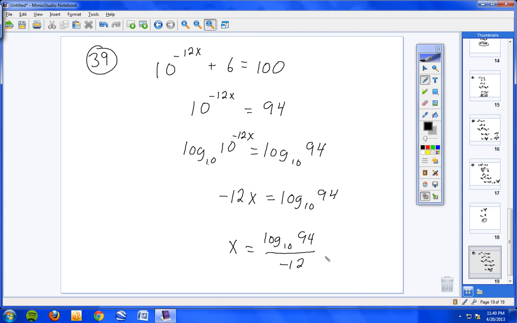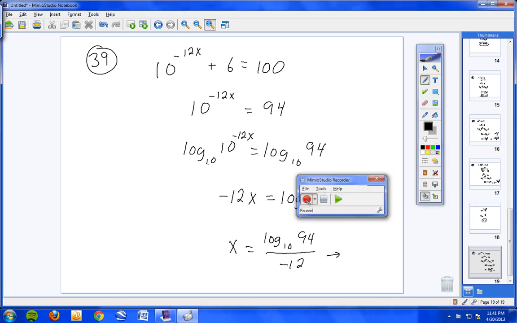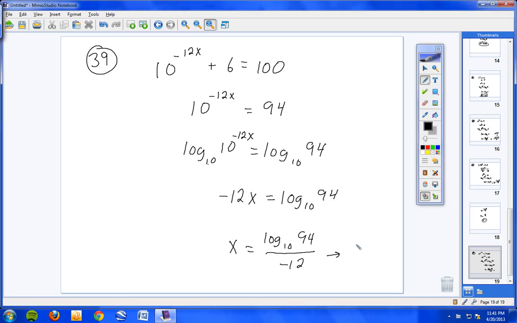And let's quickly type that into our calculators. If you type log base 10 of 94 into your calculator, you should get 1.9731, all of that divided by negative 12.